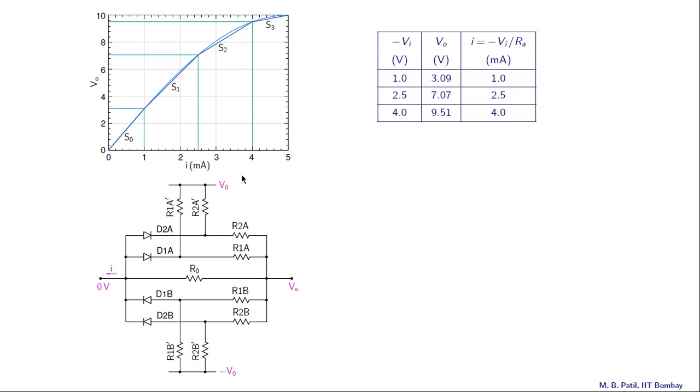And with Vi equal to minus 5 volts, we have I equal to 5 milliamps, and that corresponds to the maximum value of the output voltage, that is 10 volts. So we have these 5 data points now. What we will do now is to connect the first two with a straight line, the next two with a straight line, and so on, and calculate the slopes S0, S1, S2 and S3.